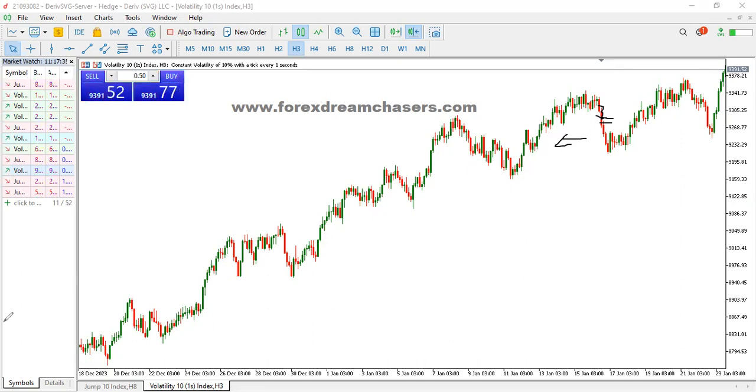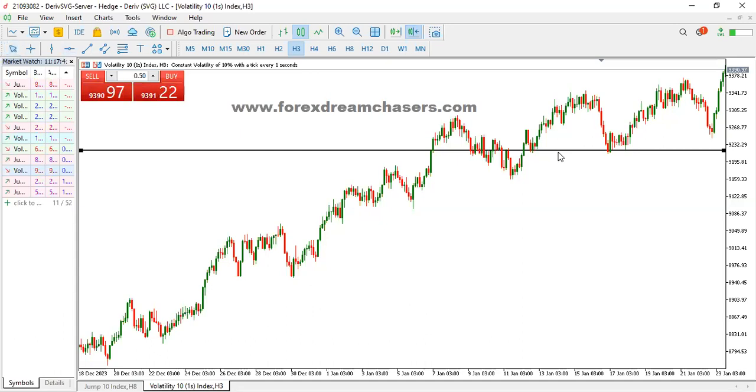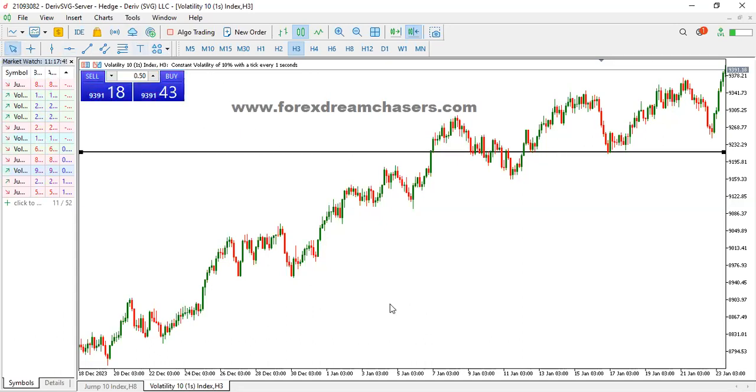Let me add the horizontal line here so that you can see. Here's my horizontal line. What is it I have here? My support the first time. The market came back to test the support a second time. Again, at the beginning of the new trend, which is this one, I have the supply and demand.